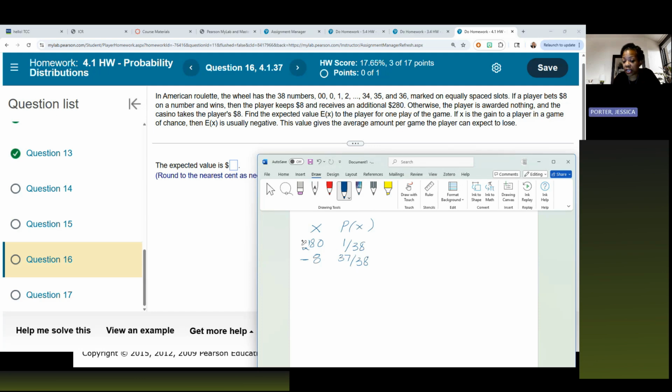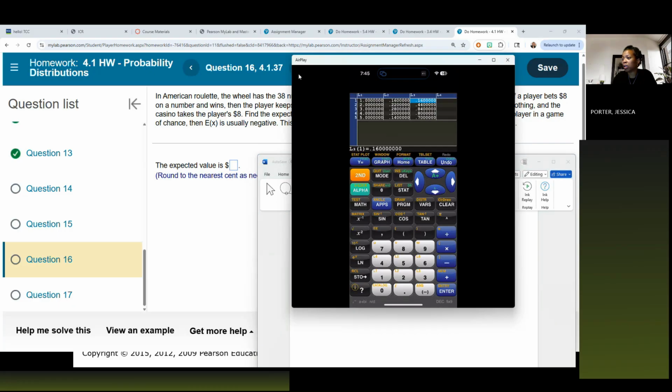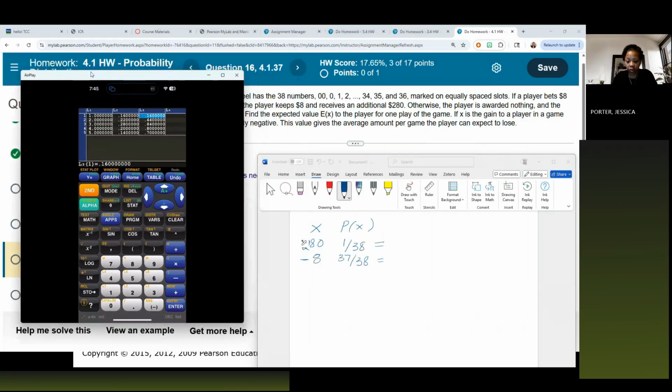So what we're going to do is multiply those together, and then add them up, and that's the expected value. So let's go: 280 times 1 out of 38 plus -8 times 37 out of 38, and enter.